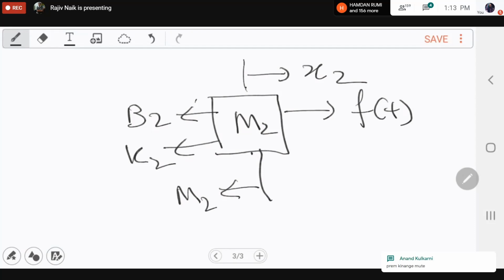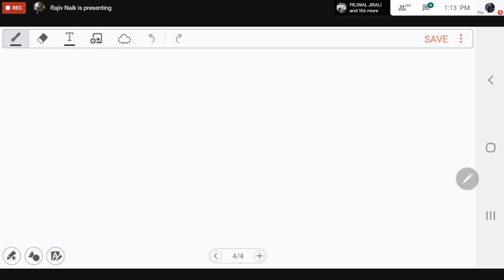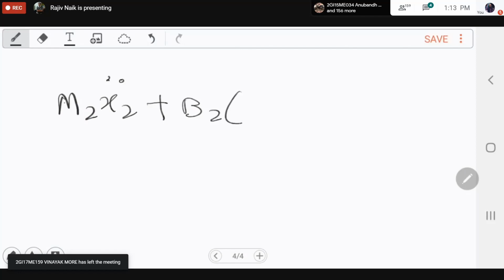So all three are opposing forces, due to mass M2, spring K2, and damper B2. Whereas on the other side, the force is there. So you can write down the equation. M2 X2 double dot, because the mass is moving with only one displacement, that is X2 only, plus B2. One end of B2 is moving with displacement X1, another end is moving with X2.